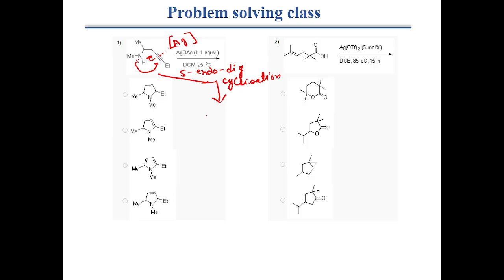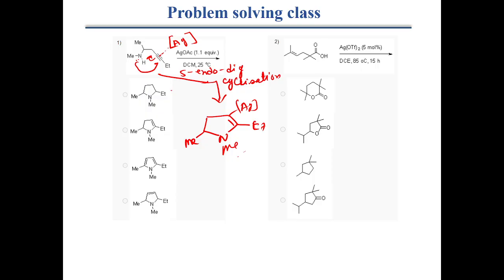Now what is formed? So this will give a vinyl silver, and there will be one methyl group. Now deprotonation happens to neutralize the system. So this will go, so this will first form.